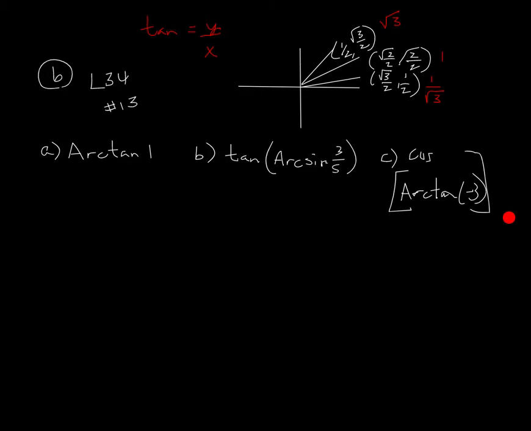Okay, so whenever you see arctangent with the capital A, it's going to be the angle whose tangent is 1. So that's what that means, the angle. See the big A? Angle whose tangent is 1.